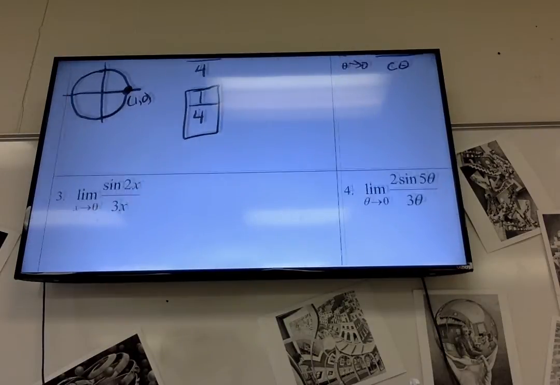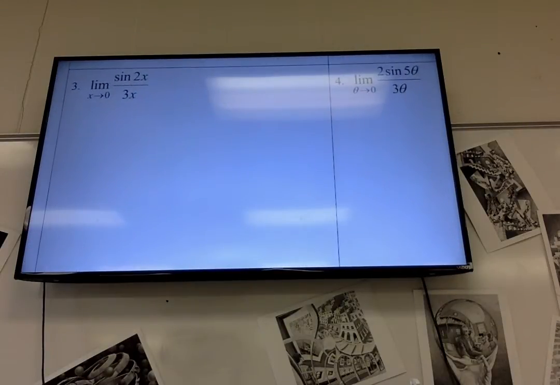Okay, the next one, this is all about manipulation. Would we multiply by 3 on the top and 2 on the bottom? No, we couldn't do that. Well, one thing we can do is, since this 3 is not in a sine or anything, I can pull it out in front.